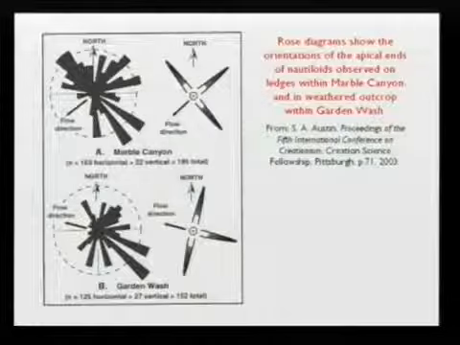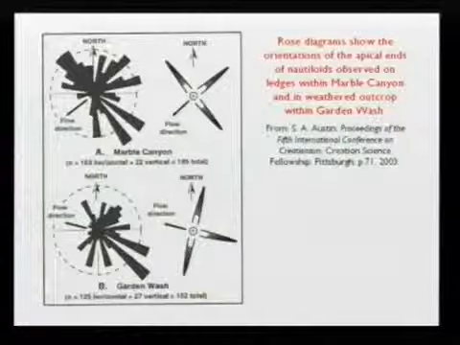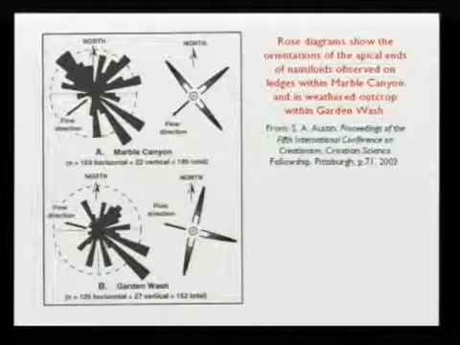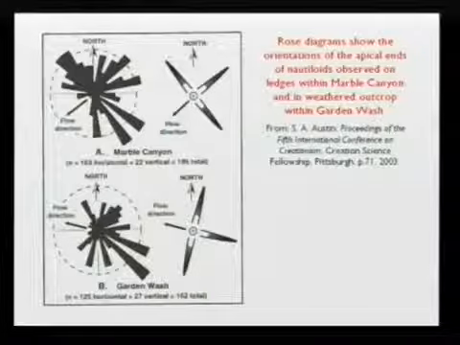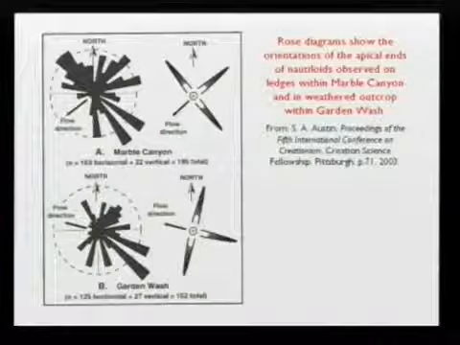And so you can see here, this is the way that the nautiloids are generally oriented, and this indicates that the flow direction was in this kind of direction here, pointing towards the southwest. And here you can see the direction is roughly northeast.